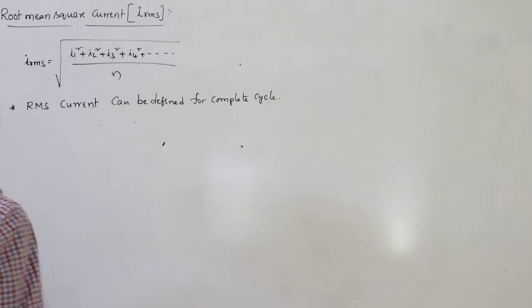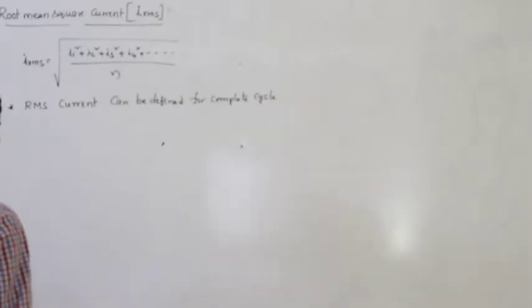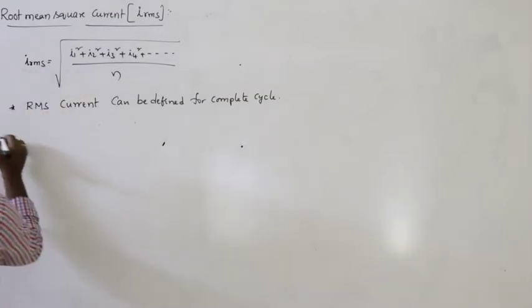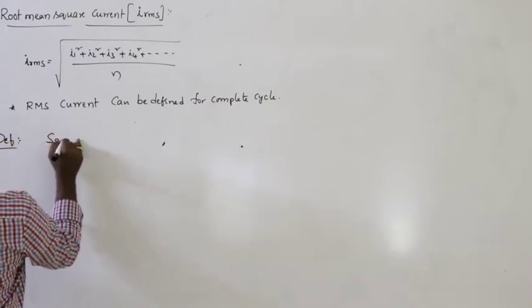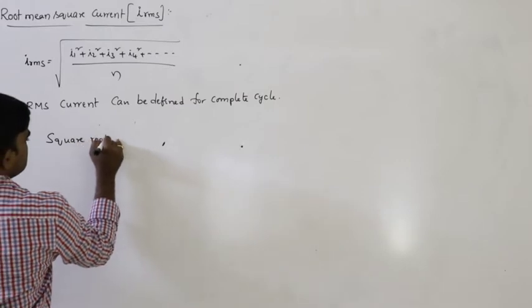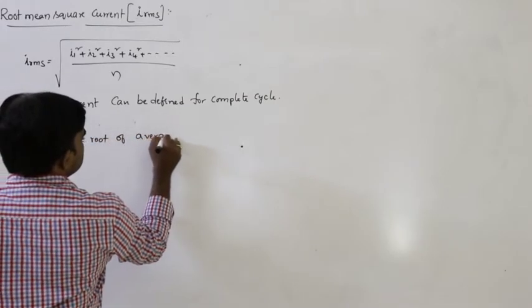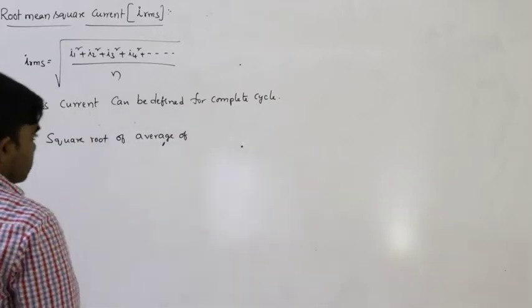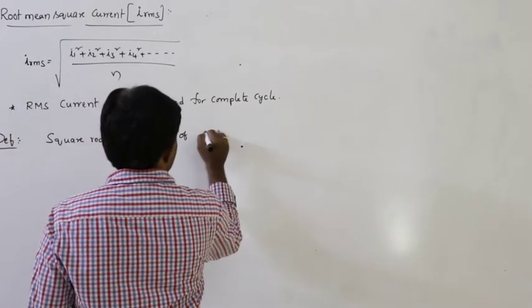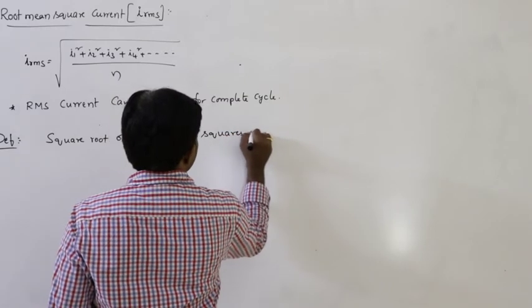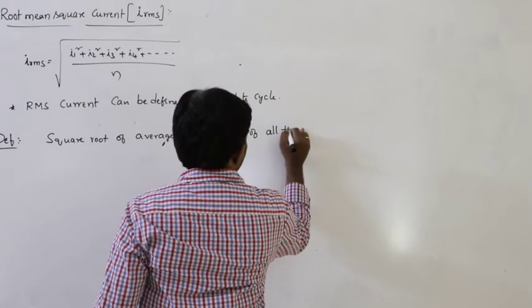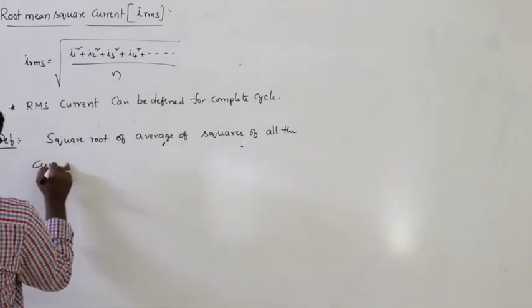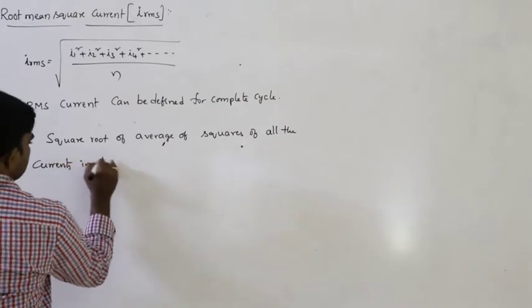Now, so this is the RMS current. So this is the formula. How can you define it? The square root of the average of the squares of all the currents in the complete cycle.